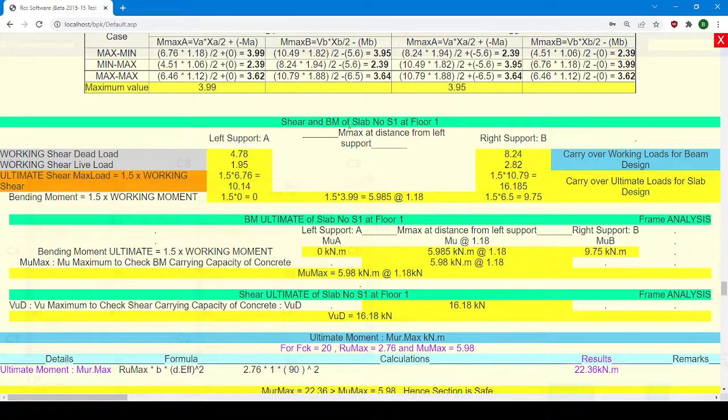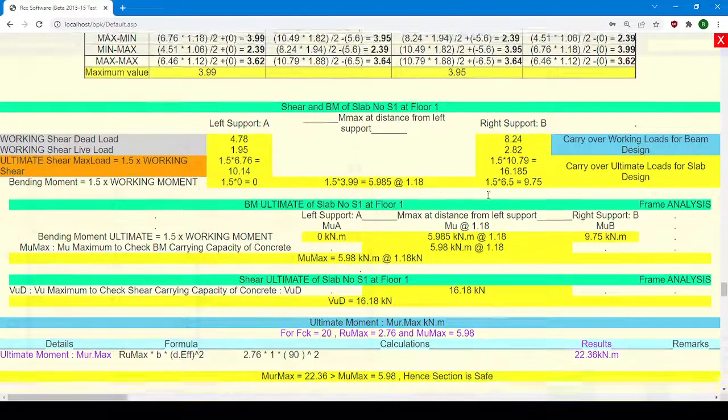Shear and bending moment of slab S1 at floor 1. At the left support, working dead shear is 4.78 and working live load shear is 1.95. Same way for the right support, 8.24 and 2.8. For ultimate, with a 1.5 multiplication factor, the values are 10.14 and 16.16. The maximum of these two values is used for designing the section.